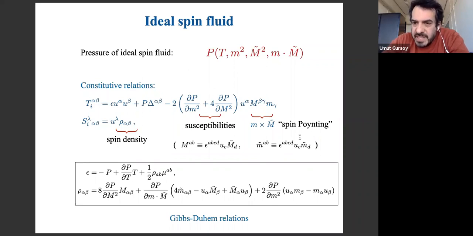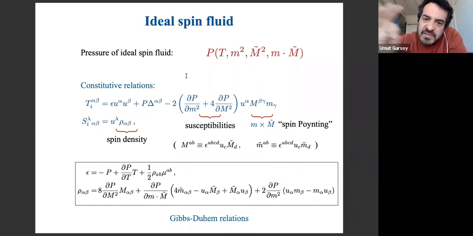So there is this new term. You can understand it as some kind of, these are the spin susceptibilities that I was talking about, and this new term is of the form of a spin Poynting vector. This is precisely like the E cross B kind of term, and you can see that the only non-trivial component of this is the momentum component. It only contributes to the momentum.